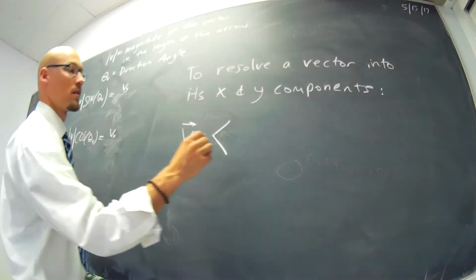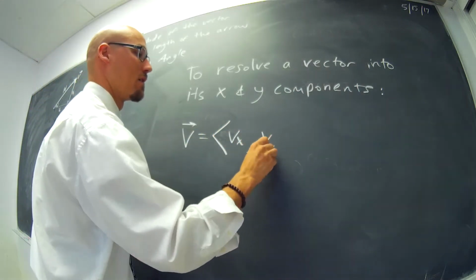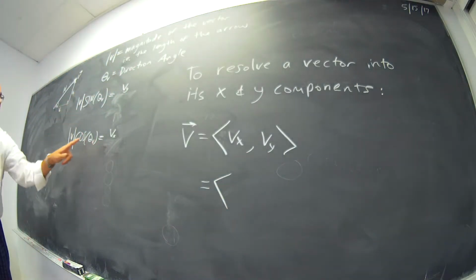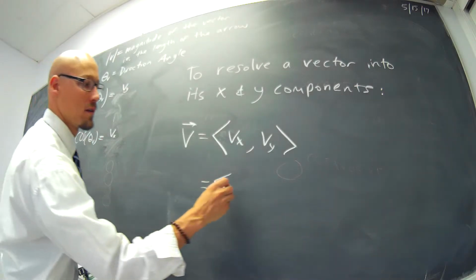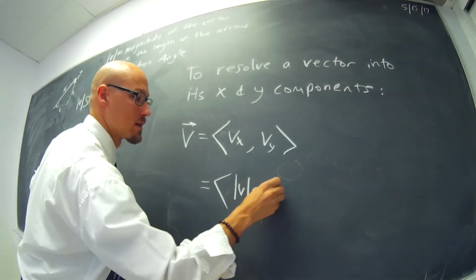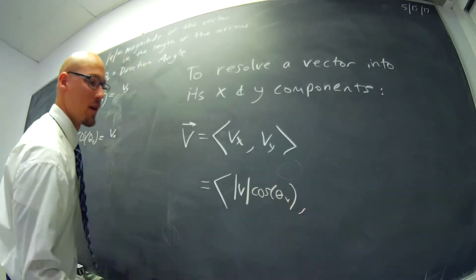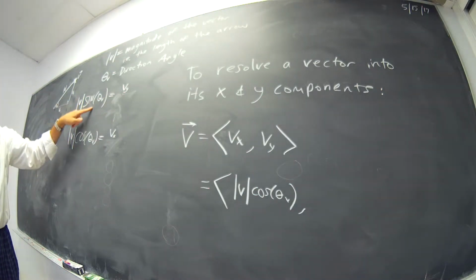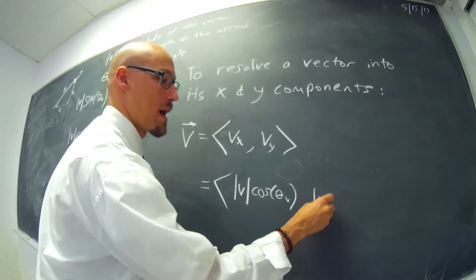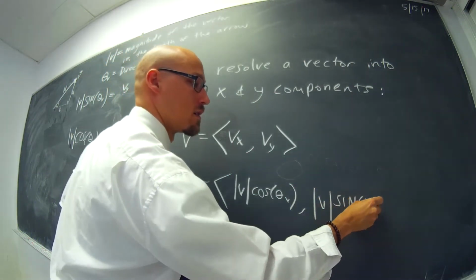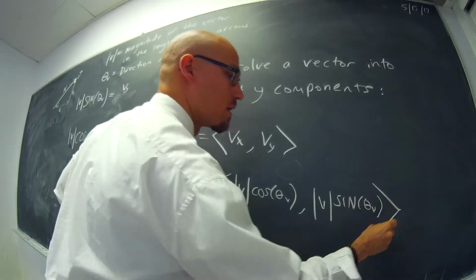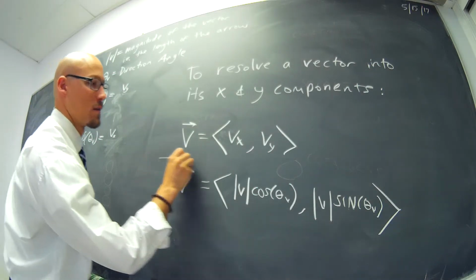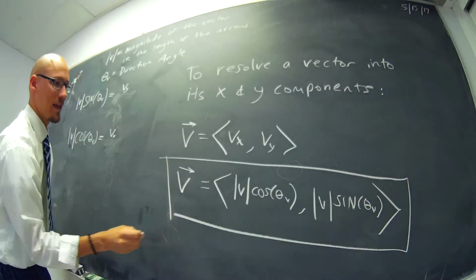The x component, so check it out, it's Vx comma V sub y. But we just found out that Vx is magnitude cosine theta. So magnitude V times cosine of the direction angle, comma, the V sub y is the magnitude times the sine of the direction angle. So magnitude V sine of theta sub V, close angle bracket. So this is your vector in its x and y components.